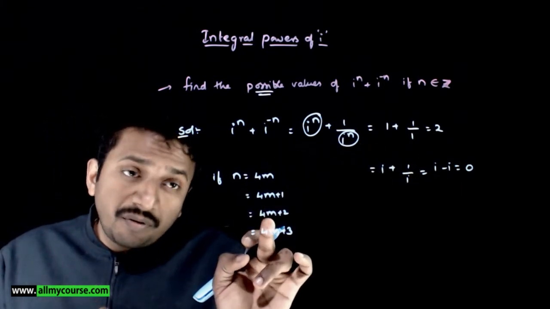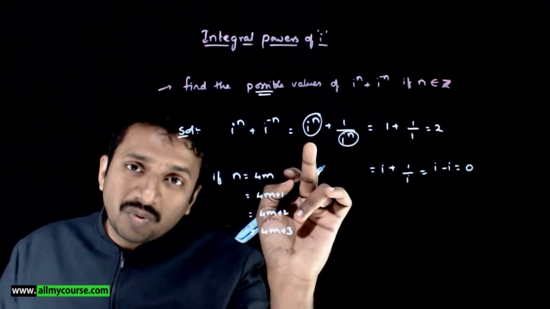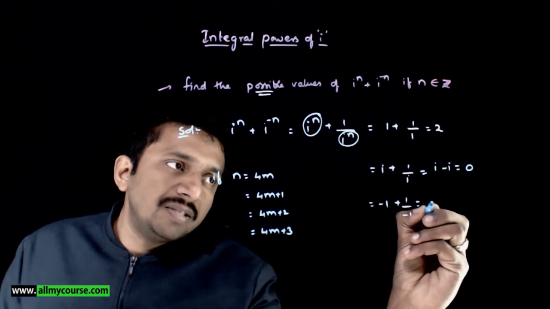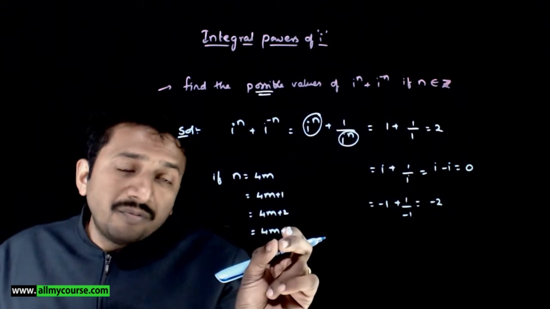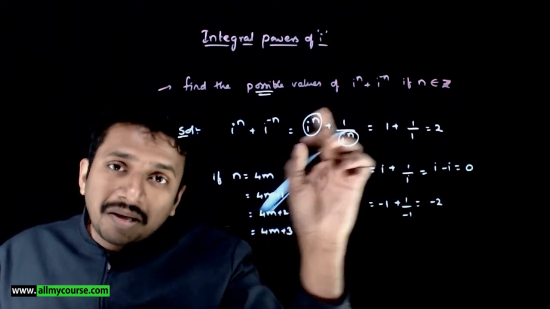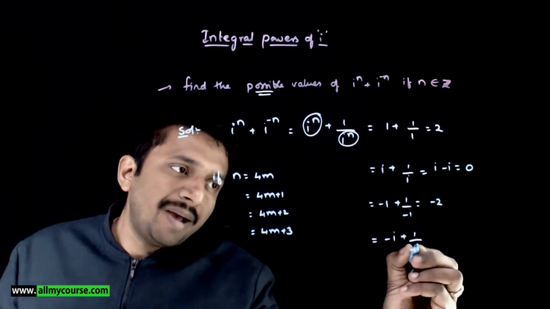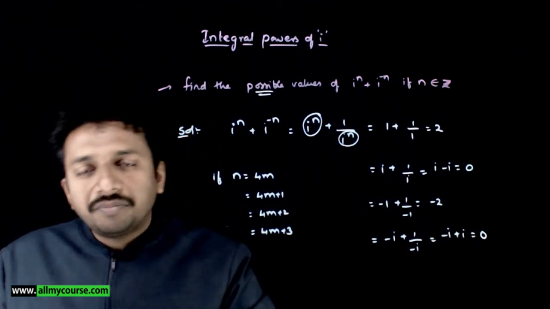If it is of the form 4m plus 2, i power n will be equal to minus 1. So minus 1 plus 1 by minus 1, which is equal to minus 2. And if n is of the form 4m plus 3, i power n will be equal to minus i. So minus i plus 1 by minus i is equal to minus i plus i, which is equal to 0.